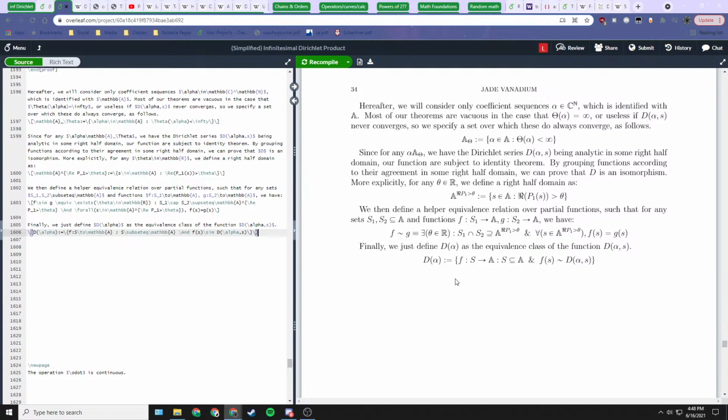That's essentially all it is. So this is what D of alpha is. It's the equivalence class of functions agreeing on right half domains.